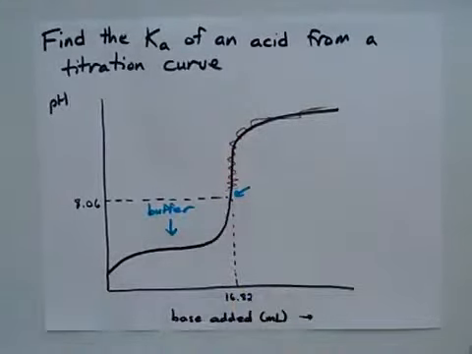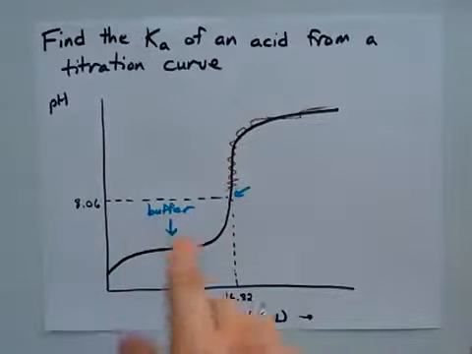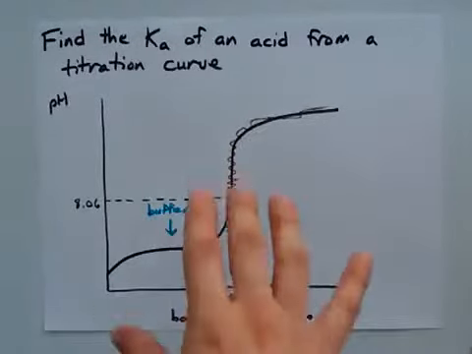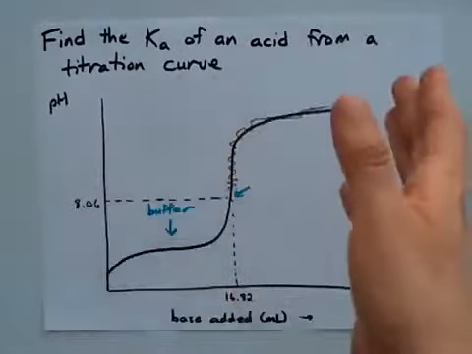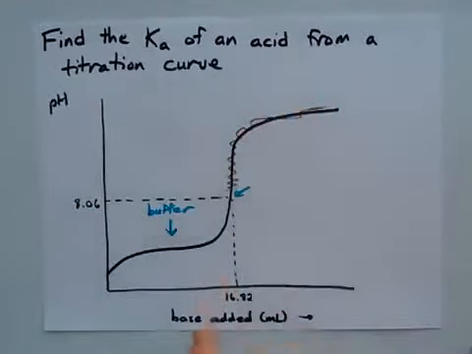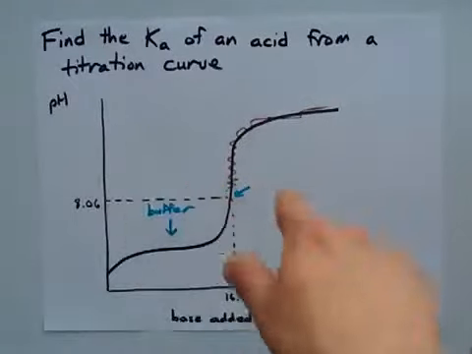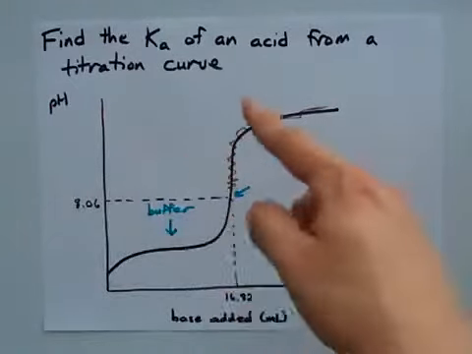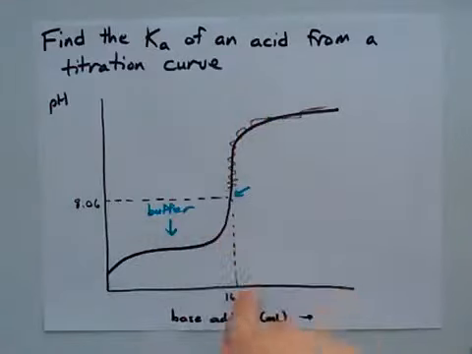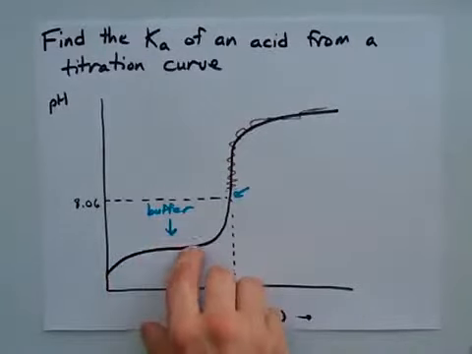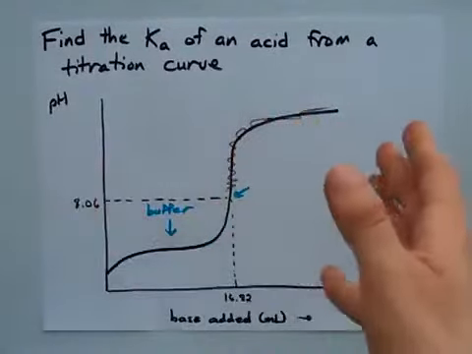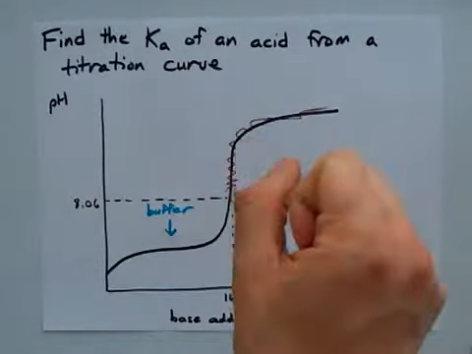The buffer region is the region where you've added just enough base that you have some conjugate base in solution, but you also have some acid in solution. So as you keep adding base, rather than creating more OHs or consuming more H pluses, you're actually just converting conjugate acid into conjugate base. So the pH doesn't change very much because the H plus concentration isn't being affected by you adding base.